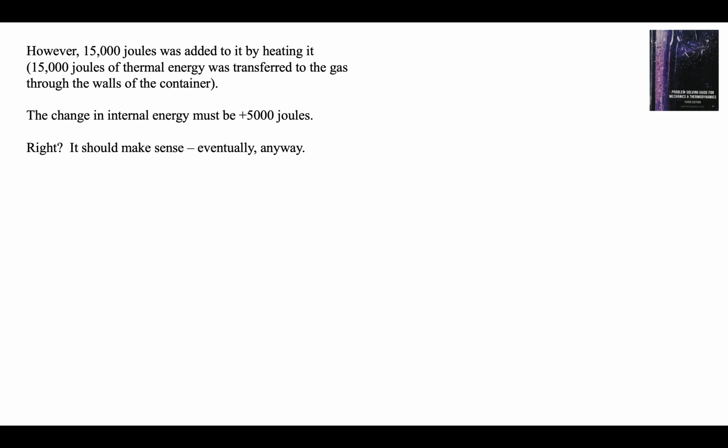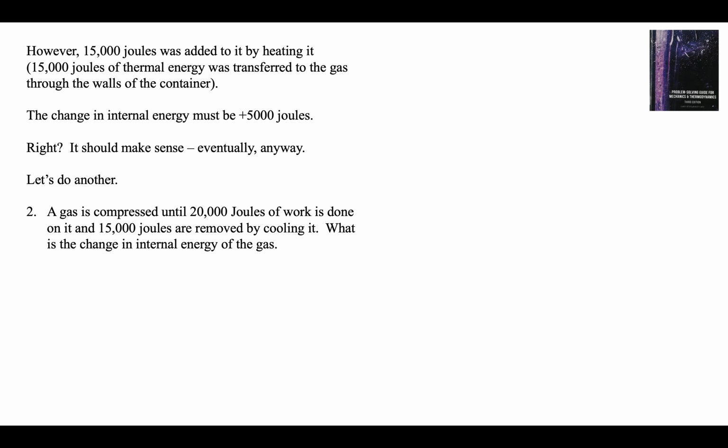It should make sense. If it doesn't make sense now, we have to do more problems. Here's another one. A gas is compressed until 20,000 joules of work is done on it, and 15,000 joules are removed by cooling it. What is the change in internal energy of the gas?